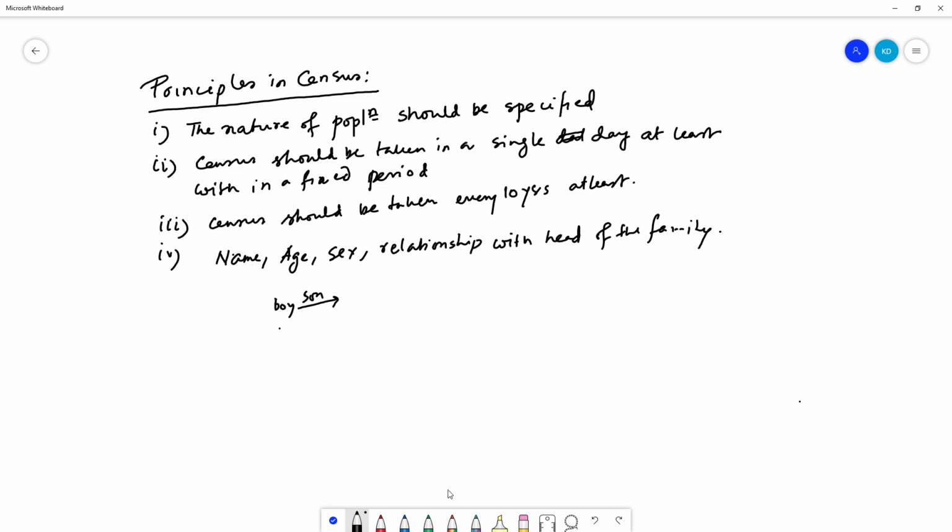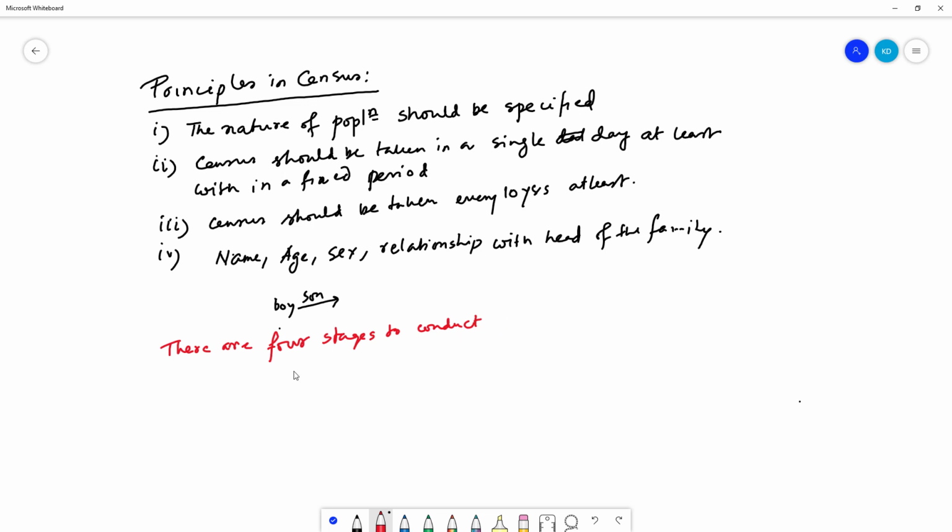There are four stages to conduct this survey.